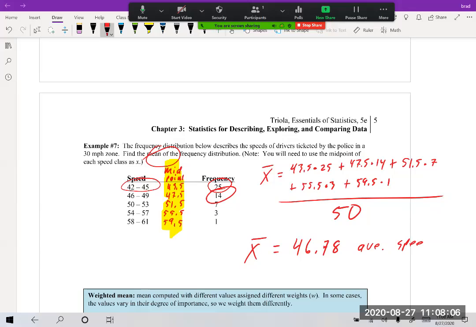Okay, so 46.78 is the average speed of people ticketed in miles per hour. That means on average, people were going about 46.78 miles per hour for this whole study of 50 people and their tickets. So that's what they were trying to do with this. Now that's finding the average. We can't really find the median because we need to know the actual data values. We can't just average it out.